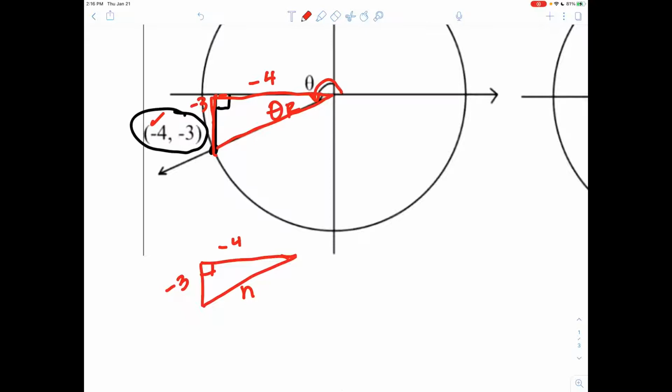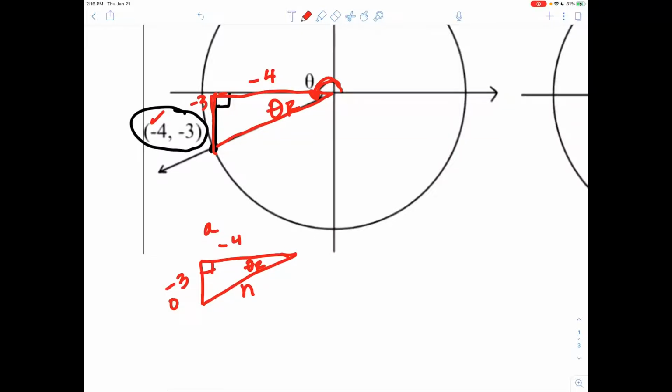So this is our theta reference. So this would be opposite, this would be adjacent. So we have opposite and adjacent, which means that we could identify what is the tangent of theta's reference, and what is the tangent of the whole angle theta. We could do that. But we need hypotenuse to find cosine and sine. So first, let's find hypotenuse by using the modified Pythagorean theorem, right?